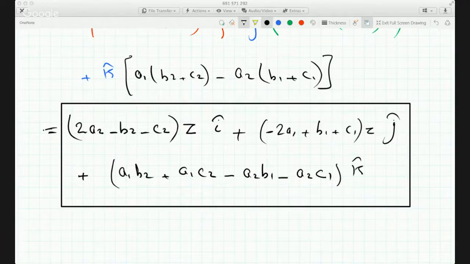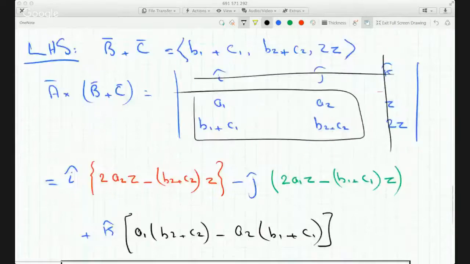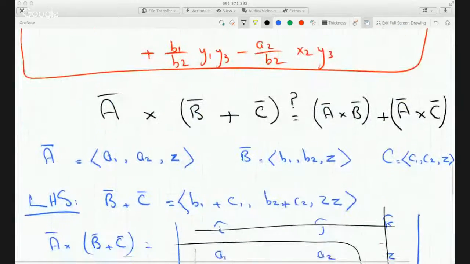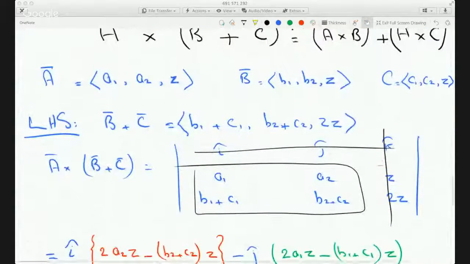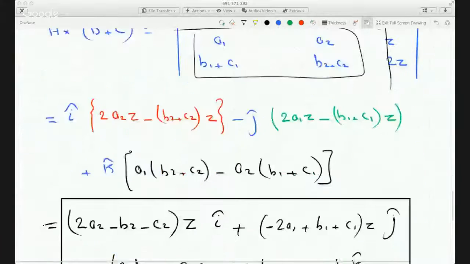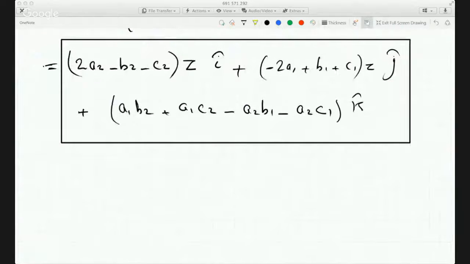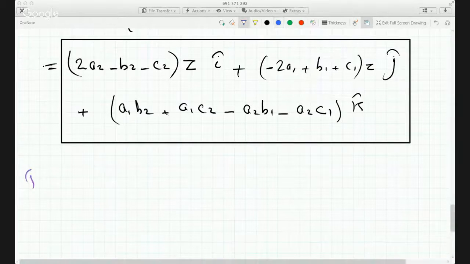Let's see if the left hand side will match the right hand side. So we'll do a cross b and then we'll do a cross c and add them. So now we're gonna go to the left hand side.